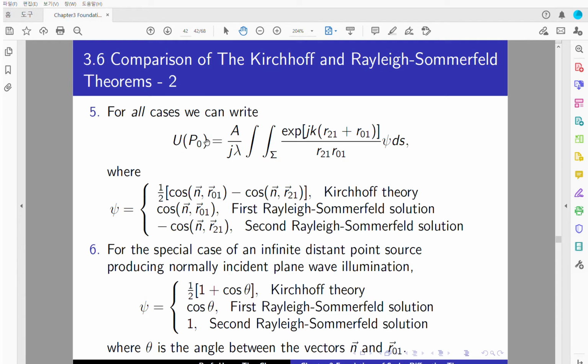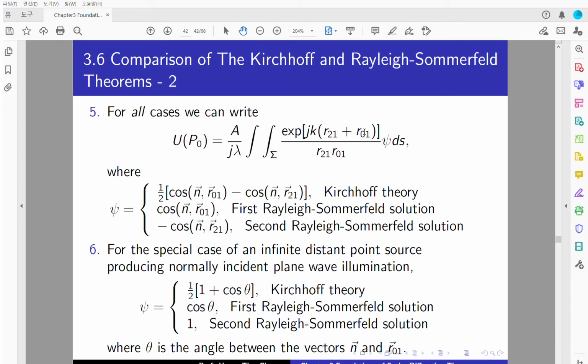And remember that P0 is designated by L01, and L21 is the light source. L0 is our observation point. L1 is the position at the aperture, and L2 is the light source.